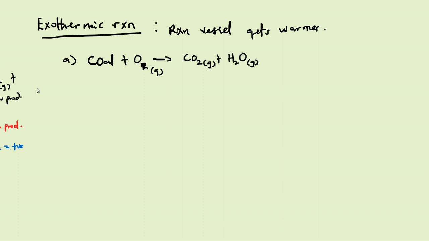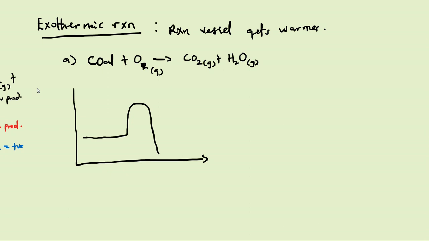And if we were to represent this on an energy profile diagram, it will look like this. And this is not exact, this is just a schematic representation. So this will be coal, solid plus O2 gas to produce CO2 gas plus H2O gas. And remember that this is energy and this is reaction coordinate.